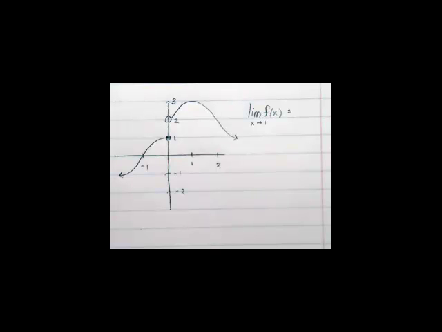Nope. 3. I think maybe you did -1. But as we get closer to an x value of 1, where's the y value? Up at 3, right? So this is equal to 3.